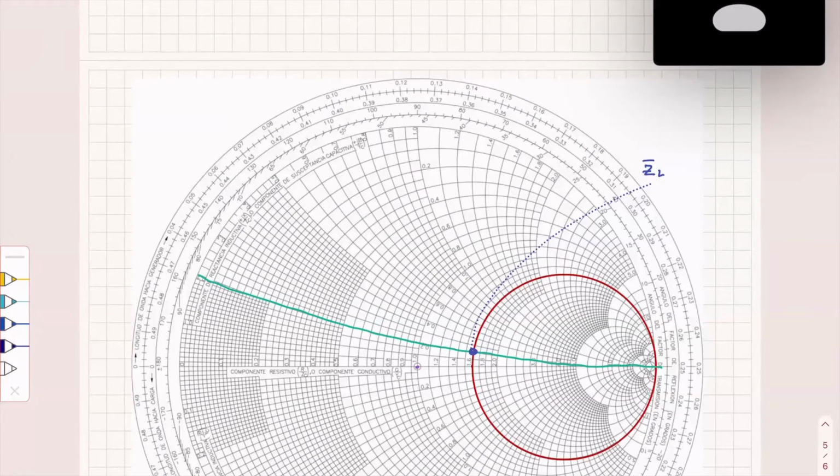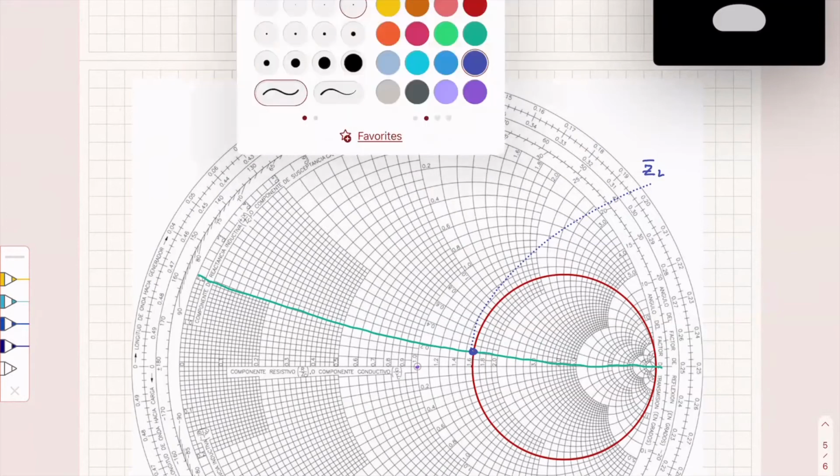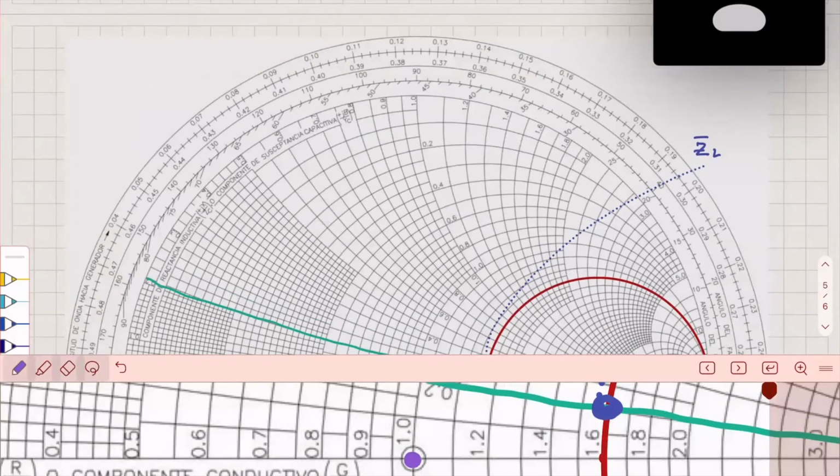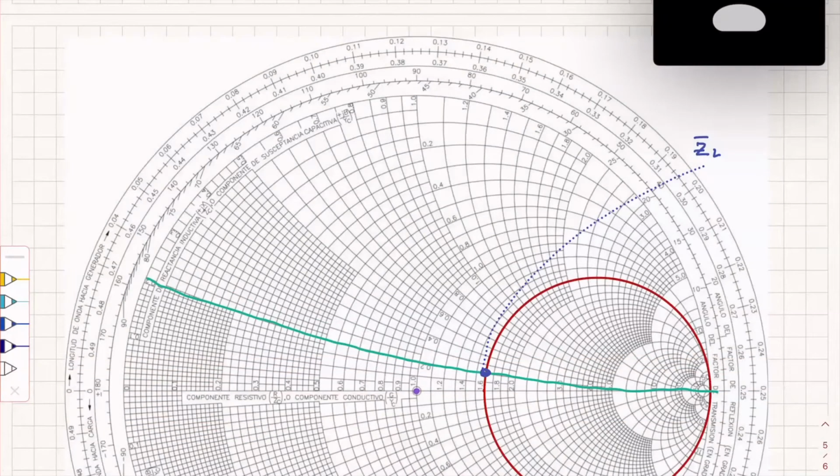Okay, now from ZL, what can we do? We can do two things. We can move along the transmission line to find where we are going to place the stub, because we know that at the end we cannot place it. To move along the transmission line on the Smith chart, you have to find the circle that has its center at the center of the Smith chart and goes through the load.